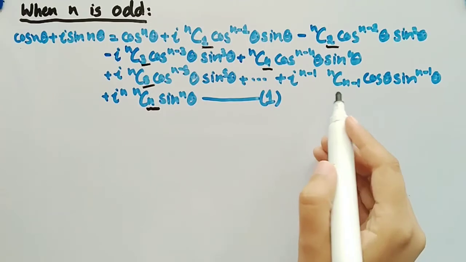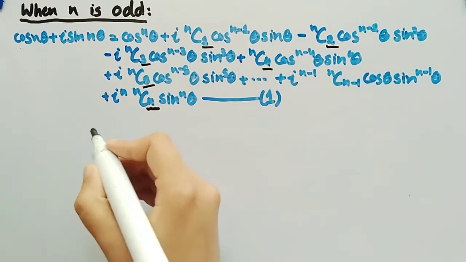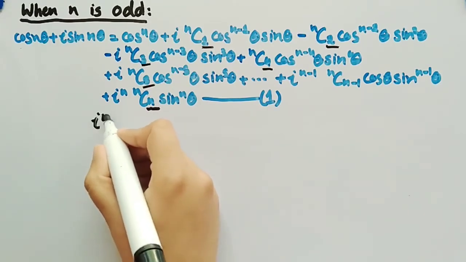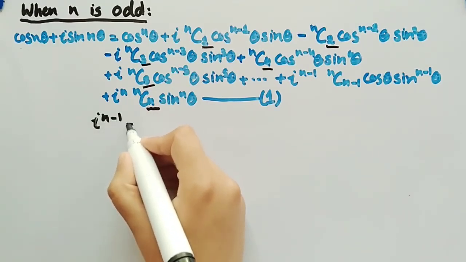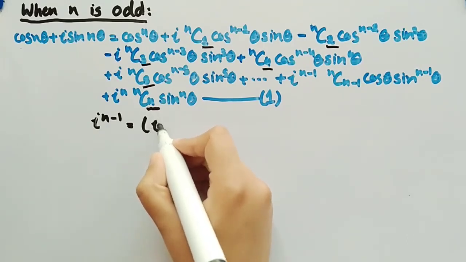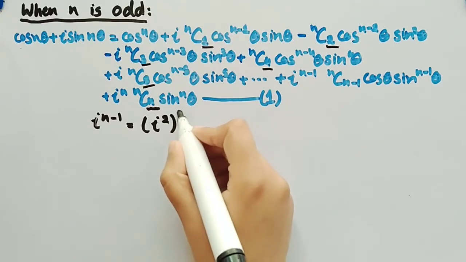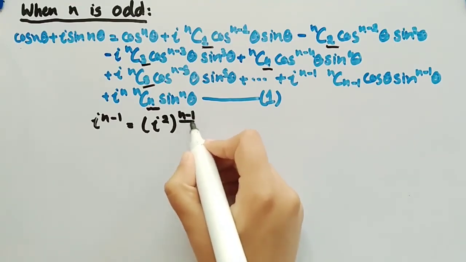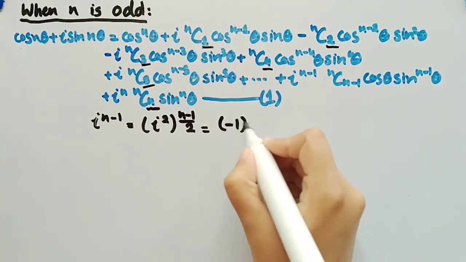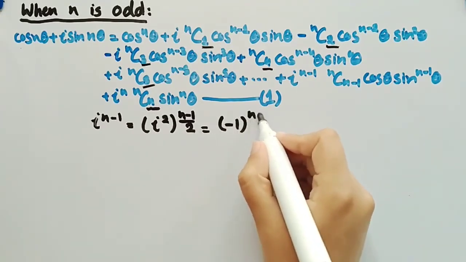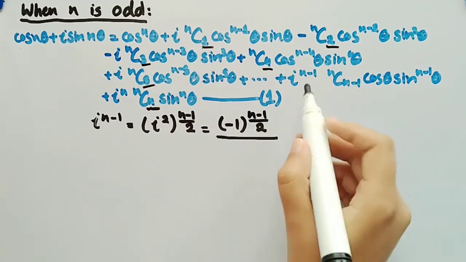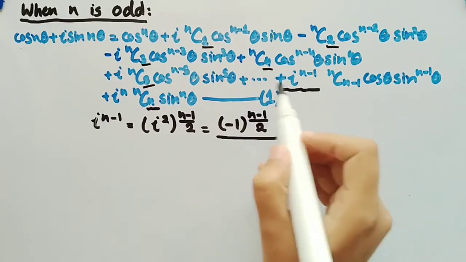iota with this term. So to rearrange these terms, we can write iota raised to power n minus 1 equal to iota raised to power 2 into n minus 1 by 2. We know that iota square is minus 1, so it will be minus 1 raised to power n minus 1 by 2. So we will replace this term at place of this term.